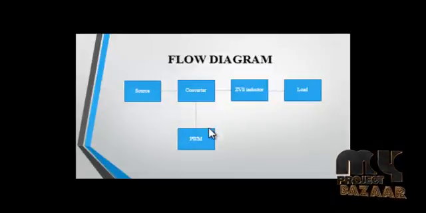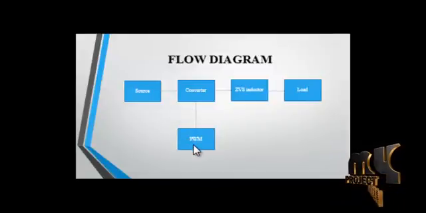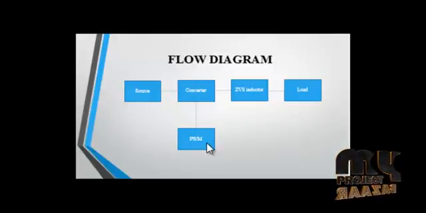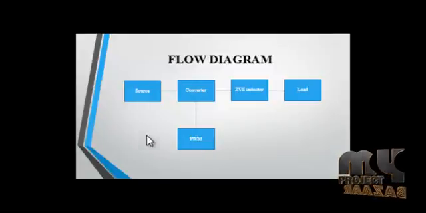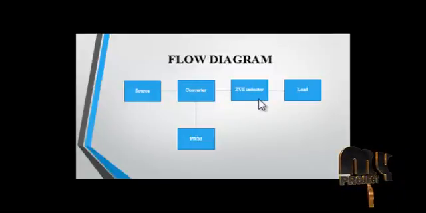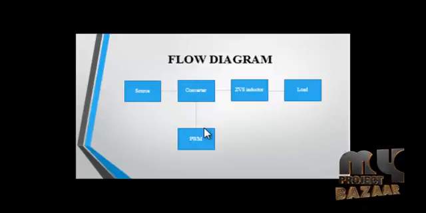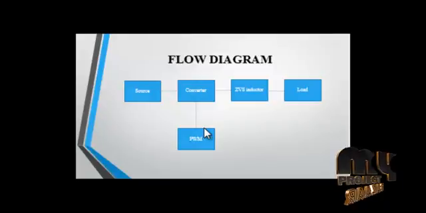And then we are using PWM, pulse width modulation. This is a controller. And then the ZVS inductor. The ZVS converters with active clamp retain the simple features of hard switched components.